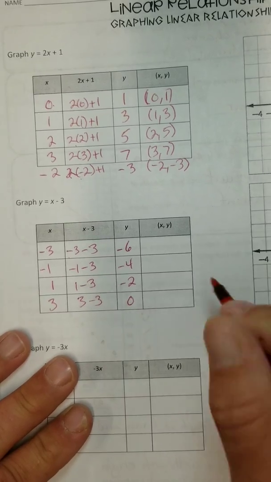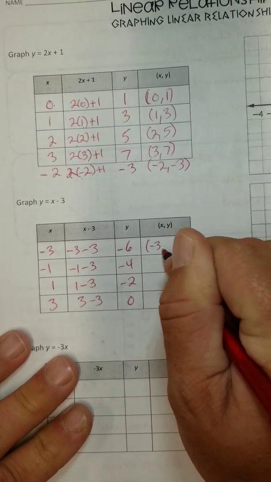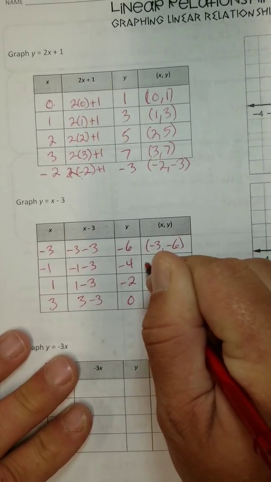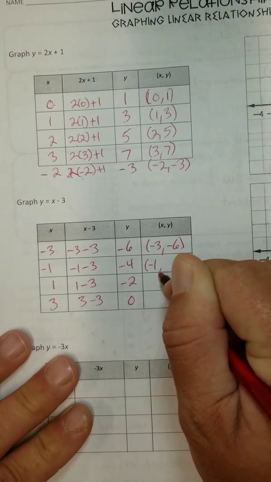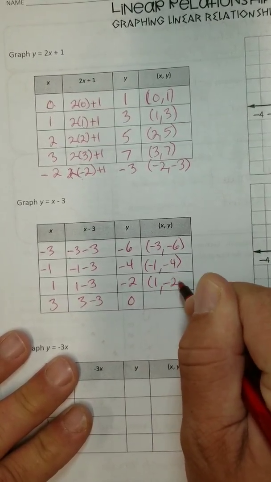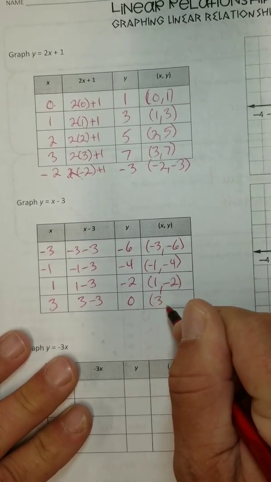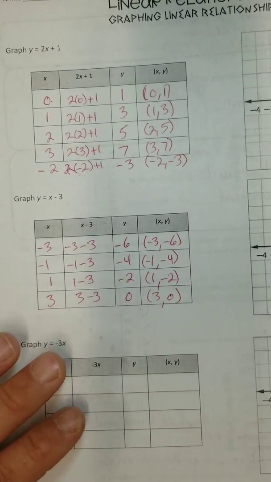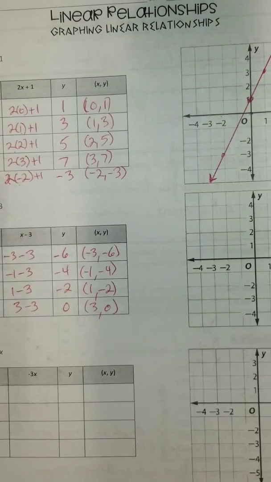So I get the points: -3, -6, -1, -4, 1, -2, 3, 0. So now I use those points to create a graph.